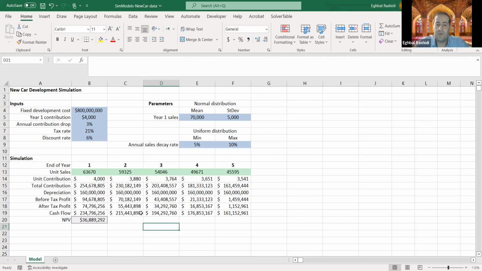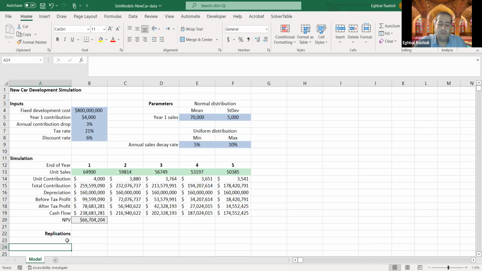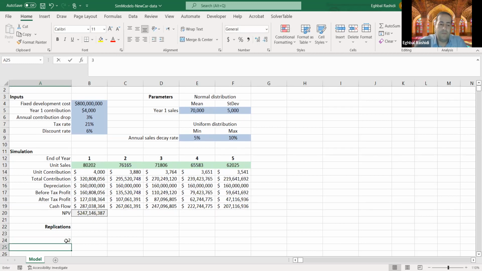Next, we need to replicate this experiment many times. If we want to replicate it 1,000 times, I'm going to do the replications here. Replications. One, two, three.